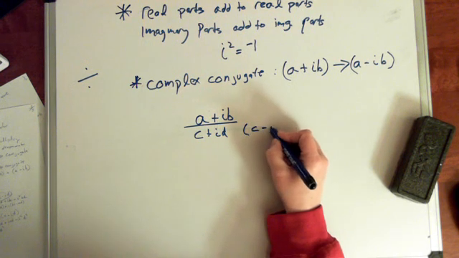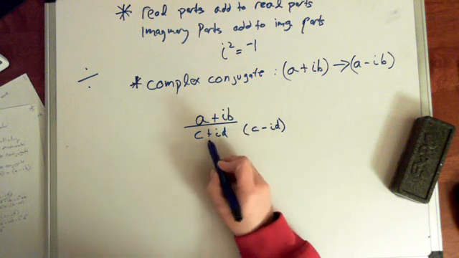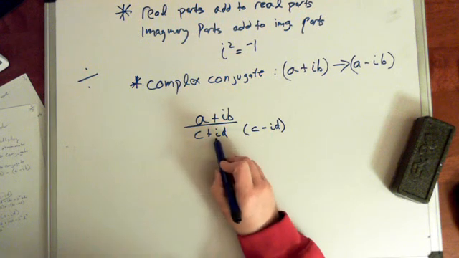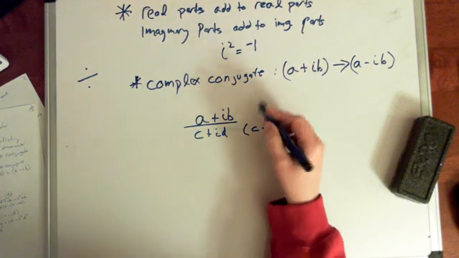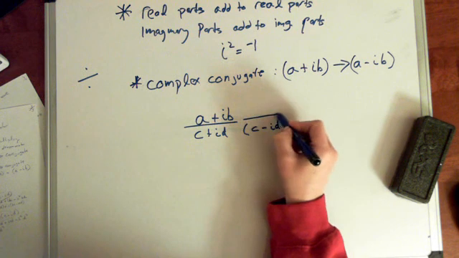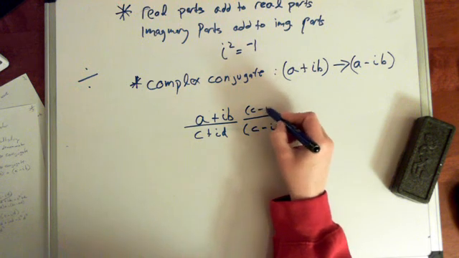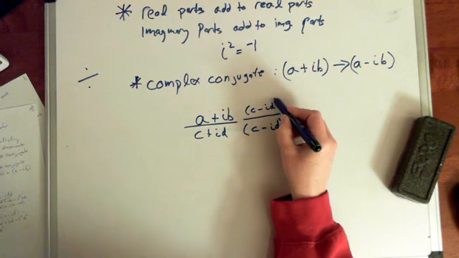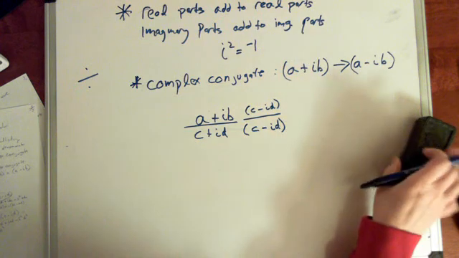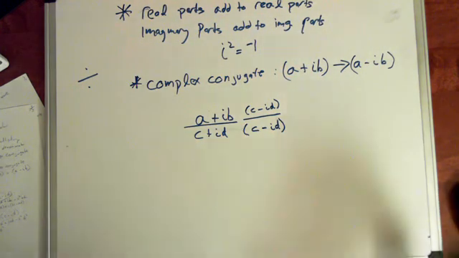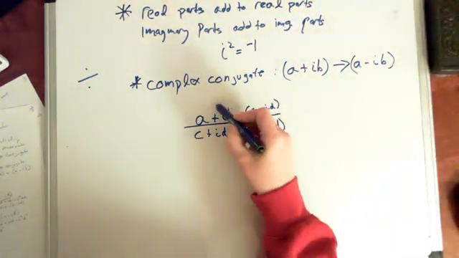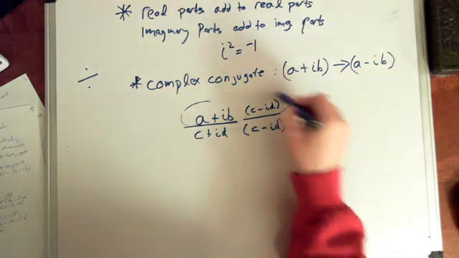So we've got c minus id, which is the complex conjugate of the denominator. Multiply it by the bottom, multiply it by the top. Let's look at this top portion right here.